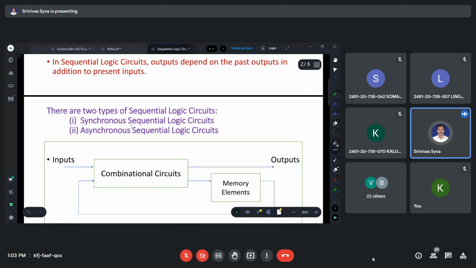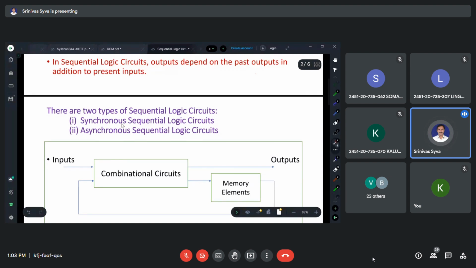Only in the presence of the clock pulse will changes take place at various points of the circuit. Synchronous means it is in sync with the clock pulse.